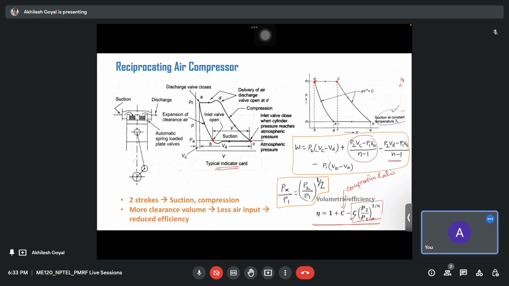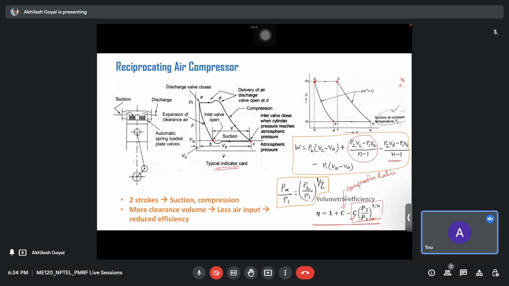Also, these air compressors are used in multiple stages to increase the pressure further. If a reciprocating air compressor uses multiple stages, then the optimum pressure ratio at each stage is given as Px by P1 is equal to (P2 by P1) raised to power 1 by Z. Here P2 is the final pressure and P1 is the initial pressure.